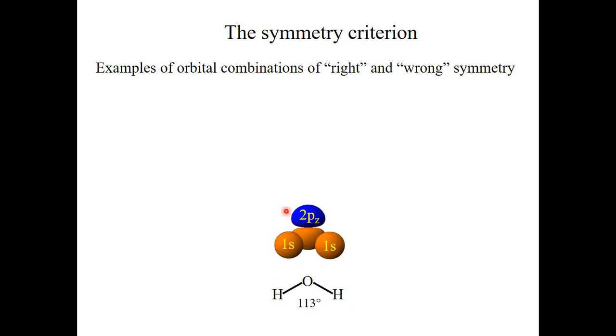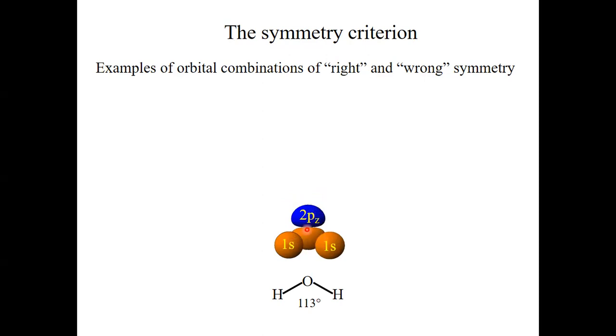So you see here again the algebraic signs of the wave function indicated by color. And now you see that you will have both constructive and destructive interferences. But these constructive interferences will be stronger than the destructive interferences. And that is because this lobe of the 2pz orbital, which has the same algebraic sign as the 1s orbitals, will be closer to the 1s orbitals than the lobe here, which has the opposite algebraic sign.